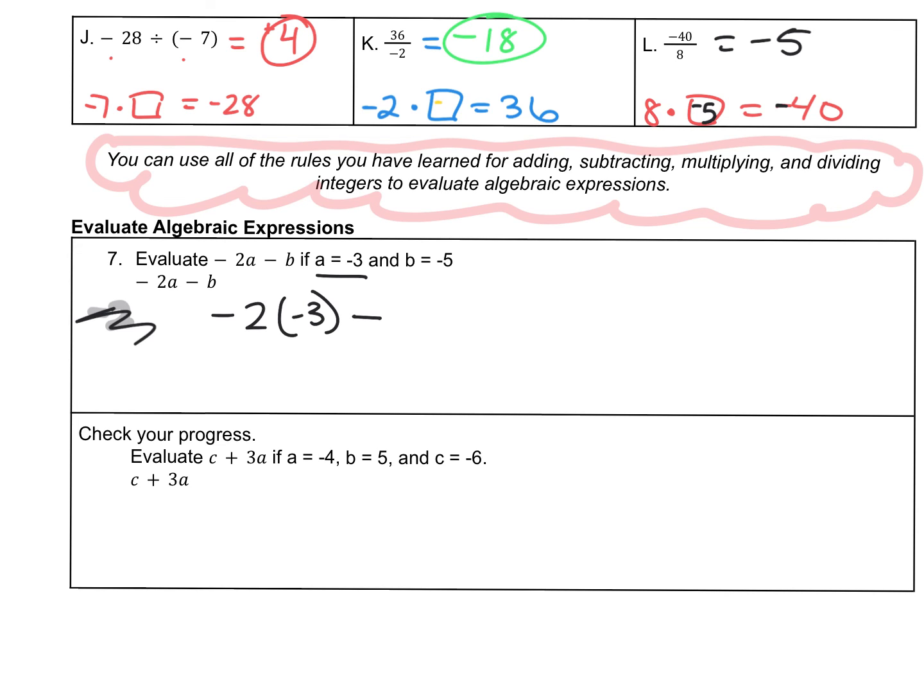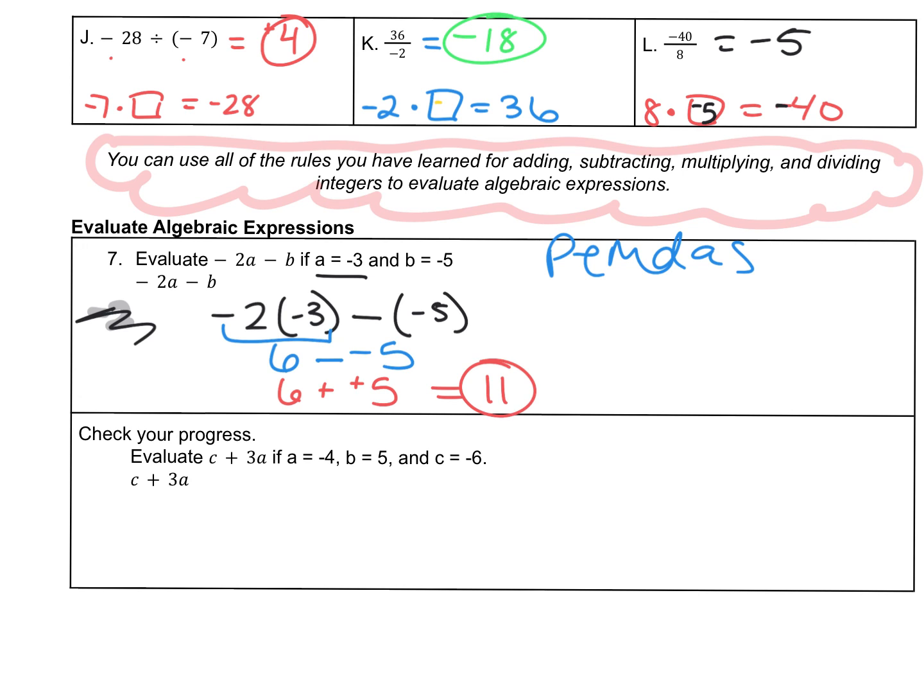We have to replace b with its value. I like to use parentheses to make sure I know I included the sign. So now, PEMDAS, we go in order. A negative and a negative is a positive 6, minus this negative 5. And our rules of adding the opposite, so we're really doing 6 plus a positive 5, which equals 11.